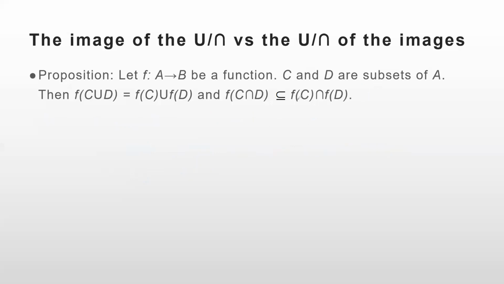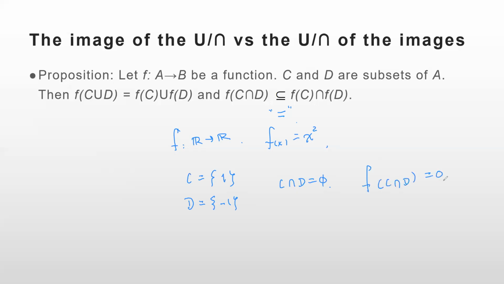Now, why can you not have equality? Equality doesn't hold. I'll give you a very simple example. So f is R to R, and f of x equals x squared. And you let C be the set containing 1, and D be another set containing -1. Then C intersect D is empty. So f of C intersect D is empty.